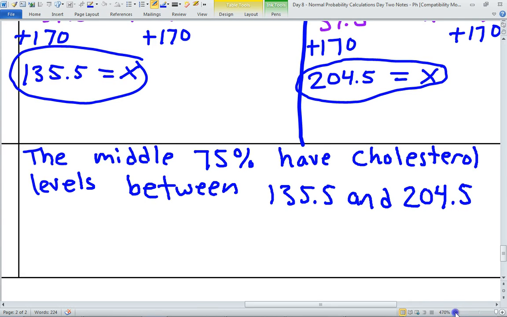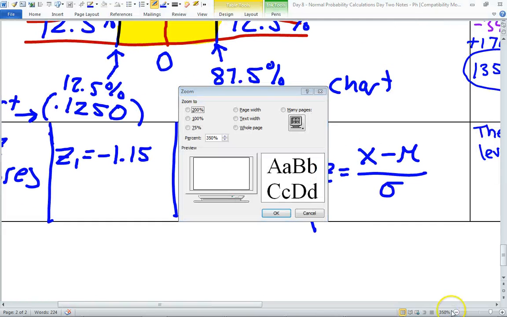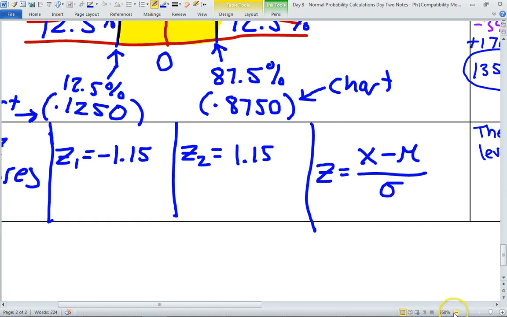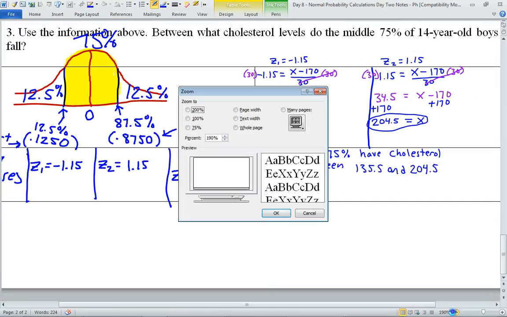Okay, that was pretty tricky, but that is how you do that. Just back up so you can see the big picture.